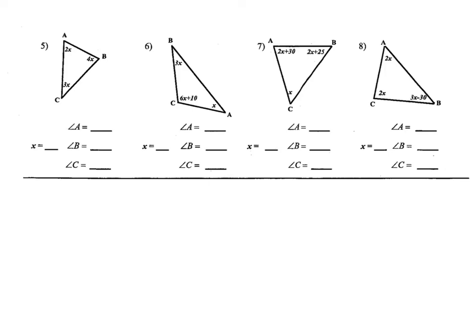All right, number 6, our 3 measurements are x, 3x, and 6x plus 10. So I'm going to add those 3 measurements, and I'm going to set it equal to 180. So x plus 3x is 4x, plus 6x would be 10x.